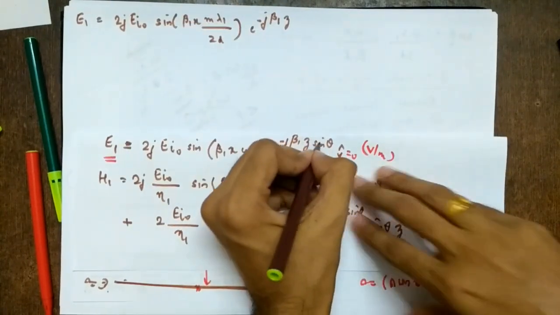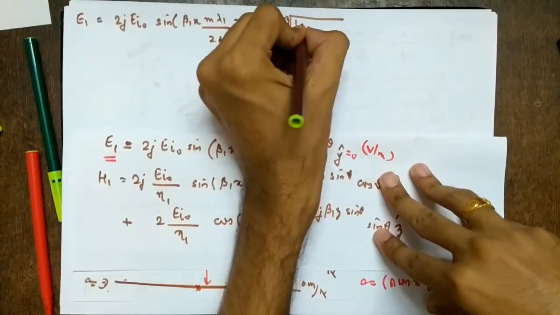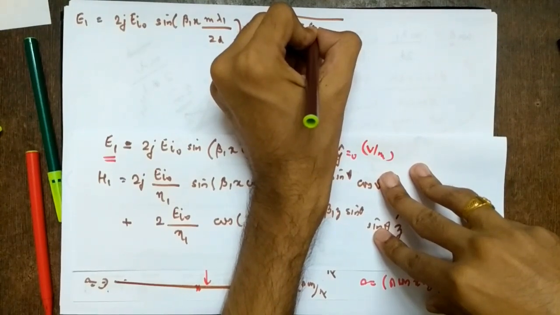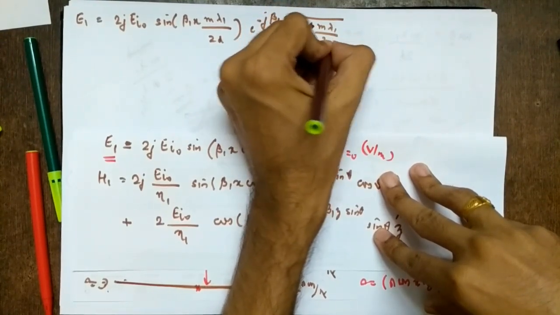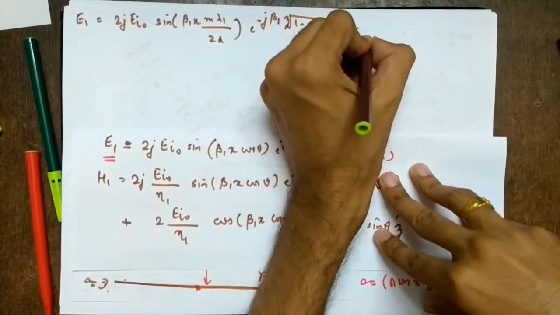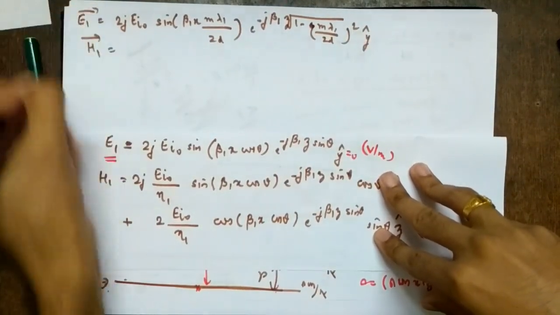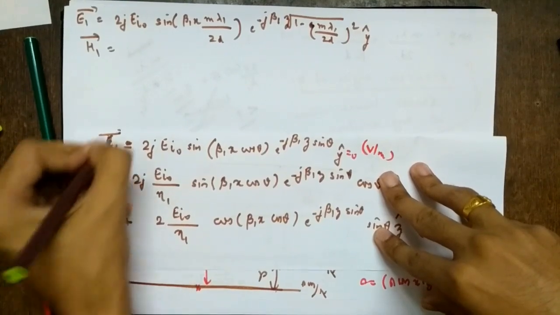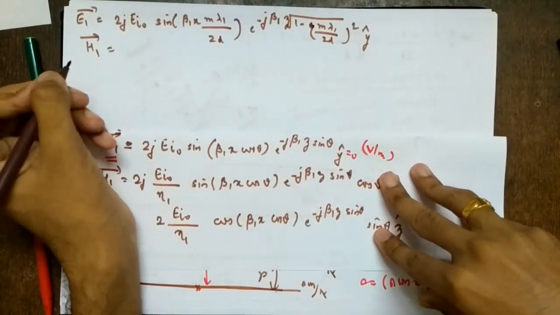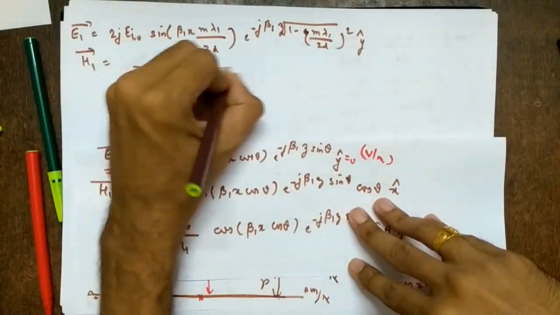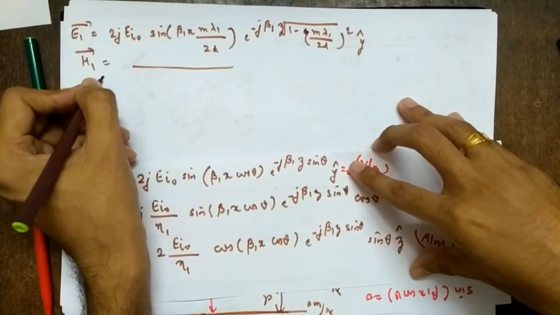It is sine theta. So what will be sine theta? Square root of 1 minus cos square theta. So 1 minus m lambda 1 by 2d the whole square y cap. Similarly, you can write H1 equal to, this is vector. This is also a vector, sorry. I always stress on these points, but I only forgot this time. So this is H1 also, you can write in the same way, right?